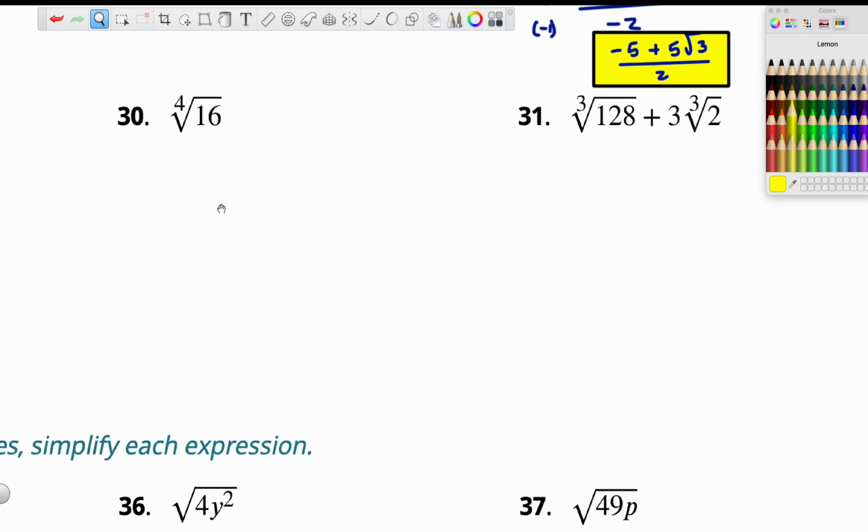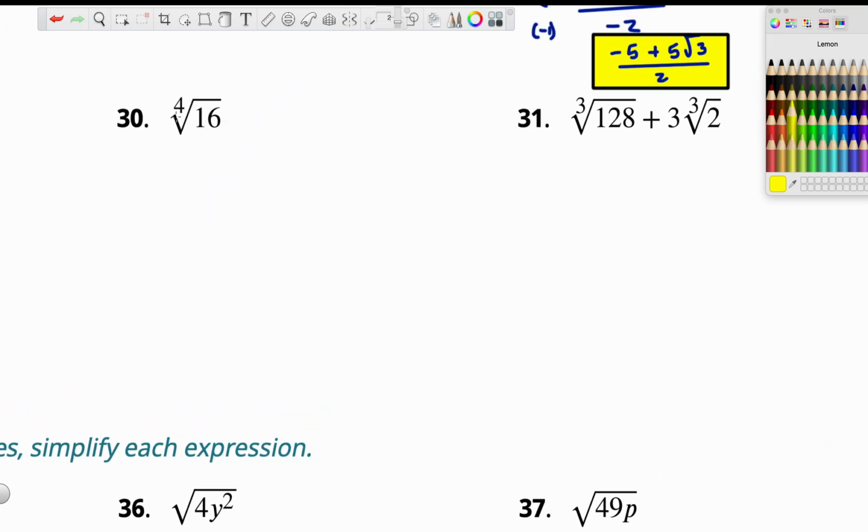Okay, so we have the 4th root here. Another way of saying this is: what number raised to the 4th power equals 16? The other way to think about it is I take a number and raise it to the 4th power, and that's 16.